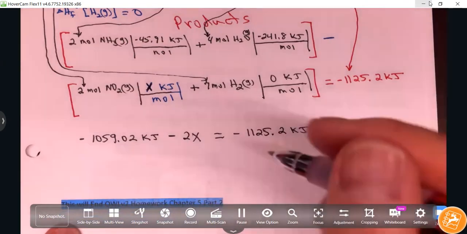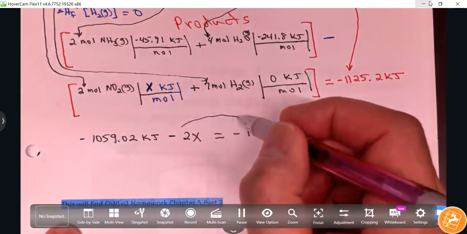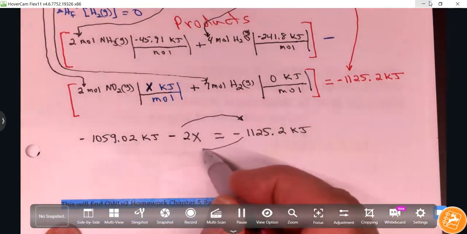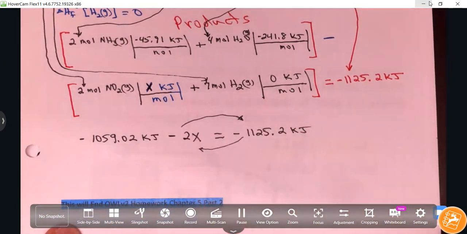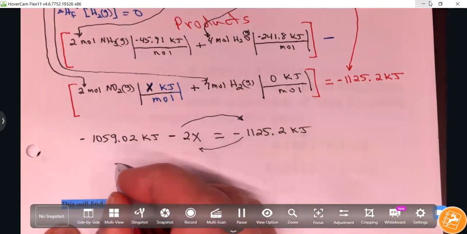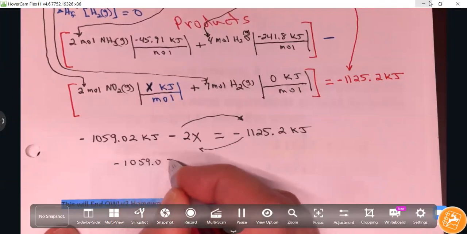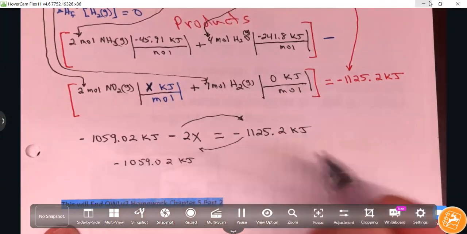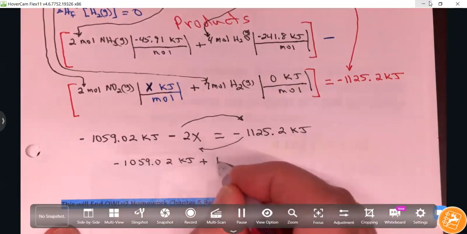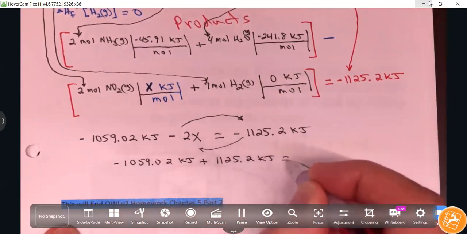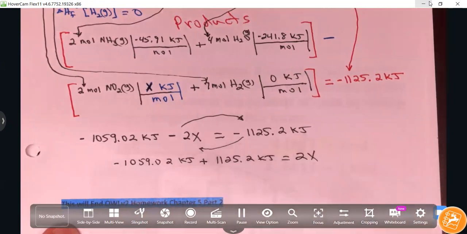So my cheater's algebra tells me to put this on the other side of the equal sign, make it a positive 2x, and put this negative on the other side, make it positive. So I would end up with negative 1059.02 kilojoules plus 1125.2 kilojoules is equal to 2x.